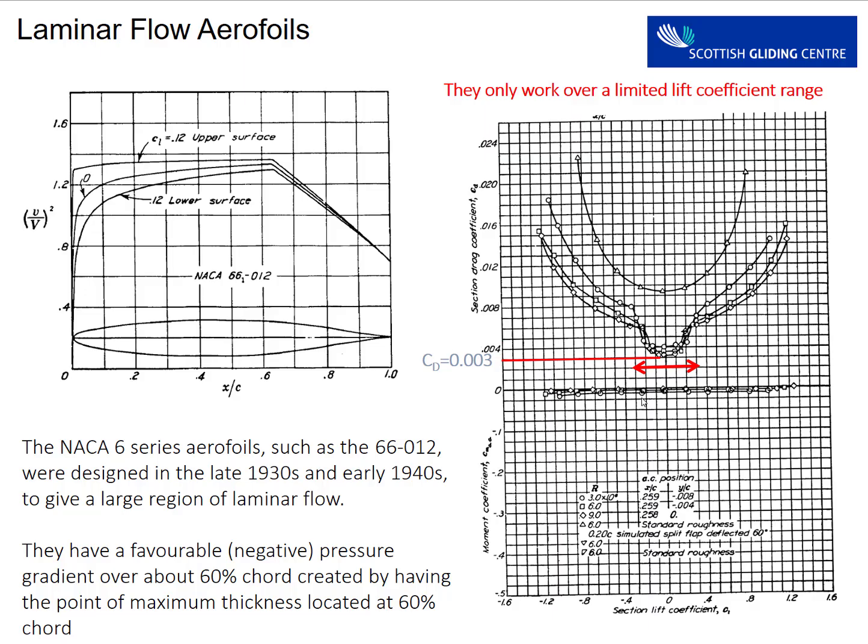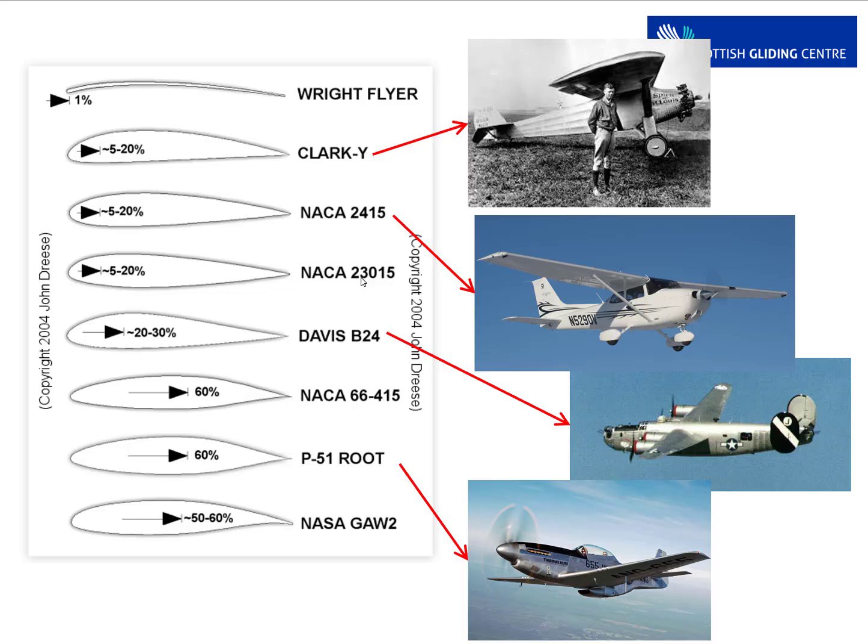There is a slight problem with this, that when you look, that low drag only occurs over a limited lift coefficient range. It's known as the drag bucket. And that shows us the development of wings over the last 100 odd years. Clark Y was one of the first airfoils to be used, and that had laminar flow from about 5 to 20% of the chord length. 4-digit series still in use today on the likes of Cessnas, again 5 to 20% of the wing covered with a laminar flow.